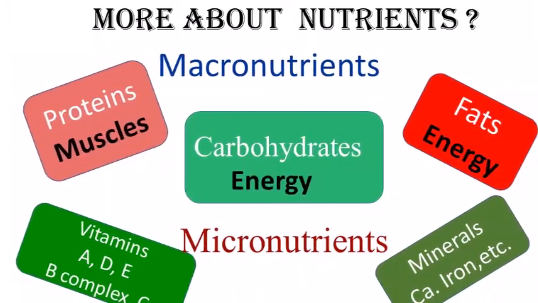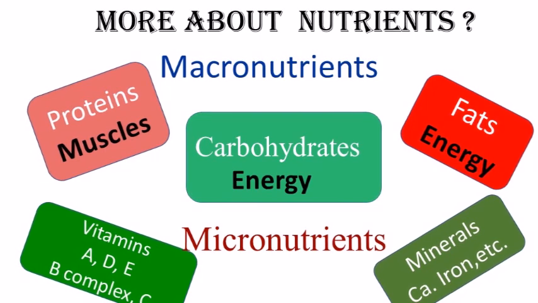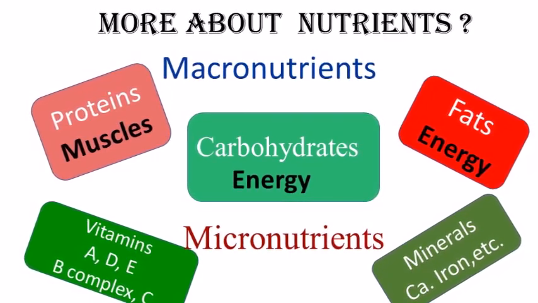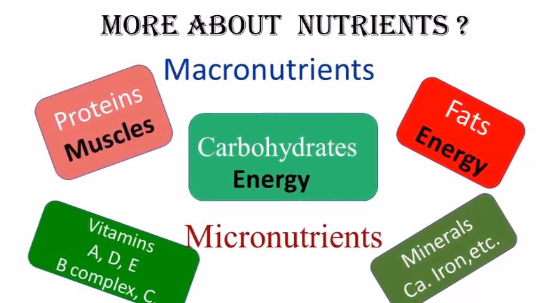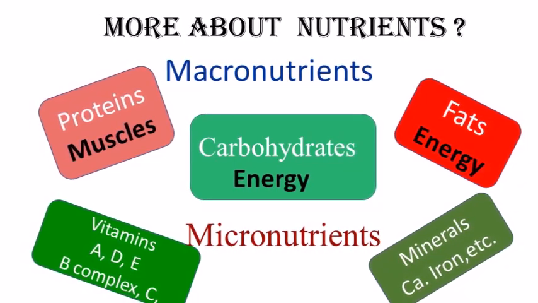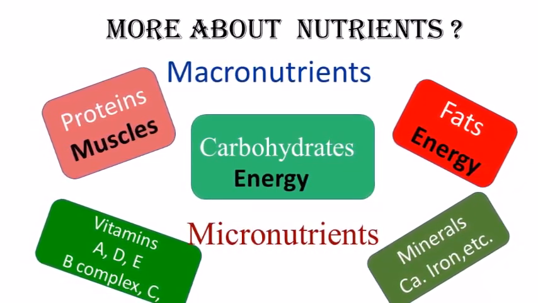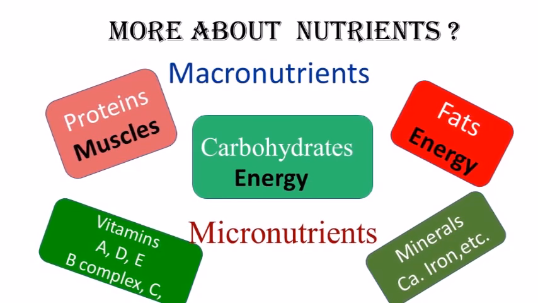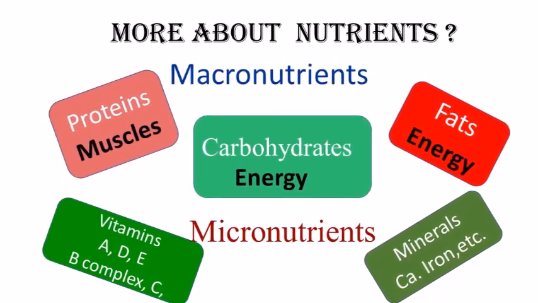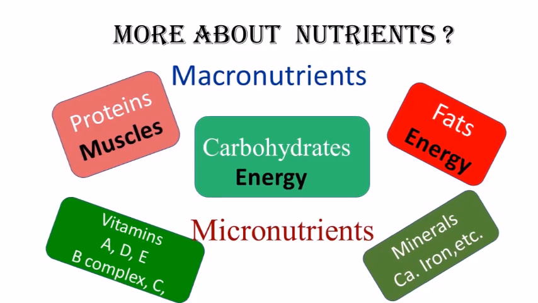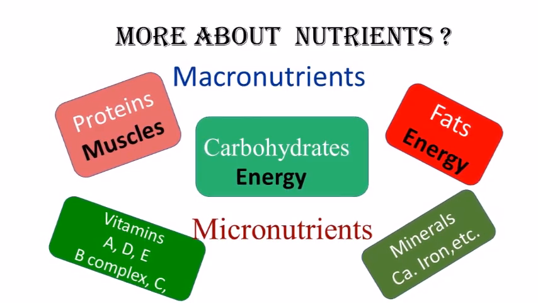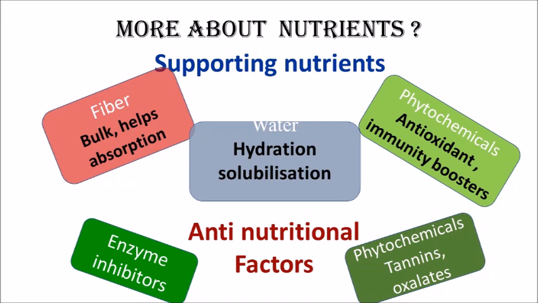Let us know a little more about the nutrients. Macronutrients coalition has three major parties: proteins, carbohydrates and fats. Micronutrient coalition has two parties: vitamins and minerals. Though the actual strength is less, they are equally important for proper functioning. There are three supporting parties in non-nutrient components coalition.